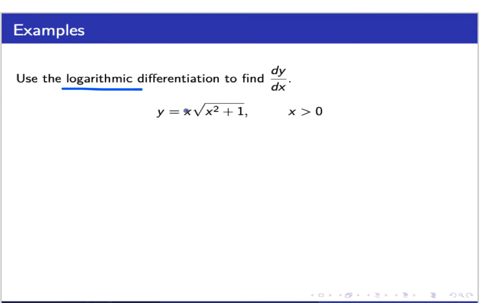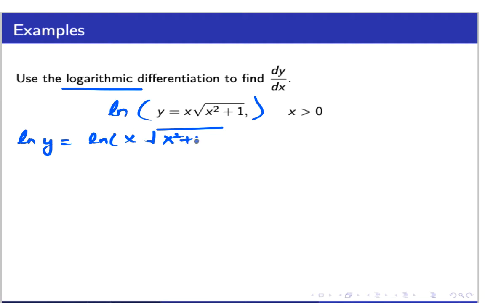So in logarithmic differentiation, it means taking the log on both sides, and we prefer to take the natural log. So what do we get? Natural log of y is natural log of x times the square root of x squared plus 1. The reason is we want to use the natural log properties to make life simple.